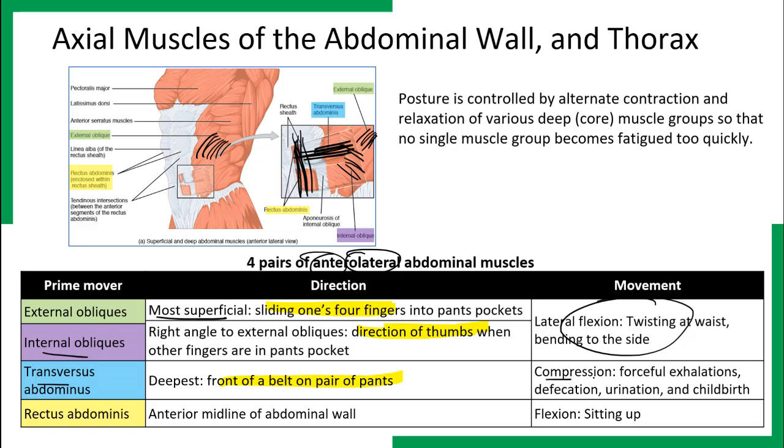If you contract your transverse abdominis, then it compresses. So that's what you do during forceful breathing, during defecation, urination, and childbirth. And then when you flex your rectus abdominis muscle, then you sit up. All right, and again, this is about as much detail as you need to know when you're actually studying this lecture.